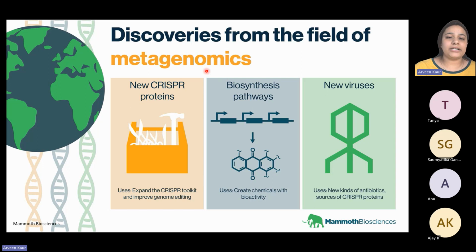For example, how metagenomics can help us in research, both basic research and translational research, is basically that if we identify the genome of these multiple bacteria, microbes, etc., we will be able to get new CRISPR proteins, right? This will help us to expand the CRISPR toolkit and improve genome editing.